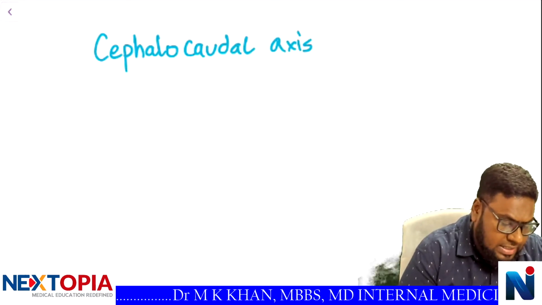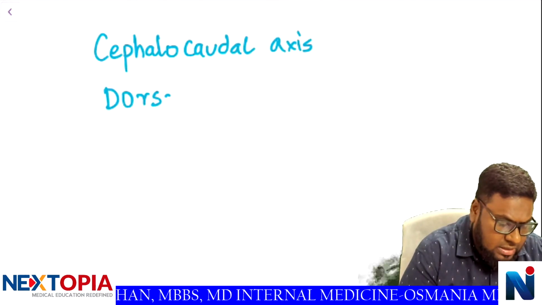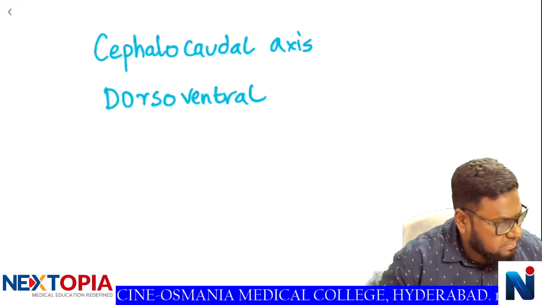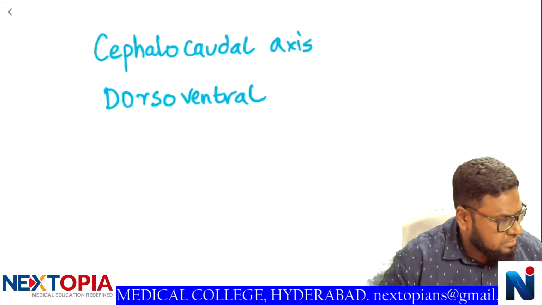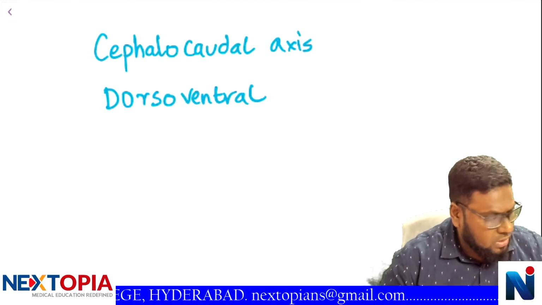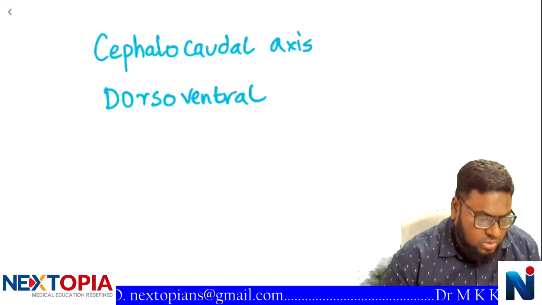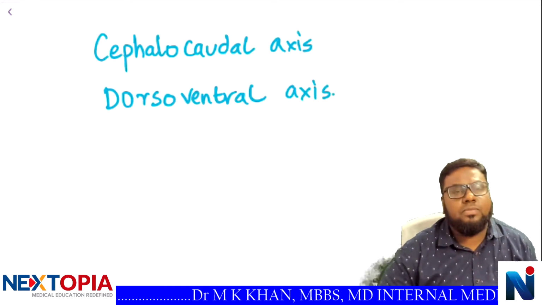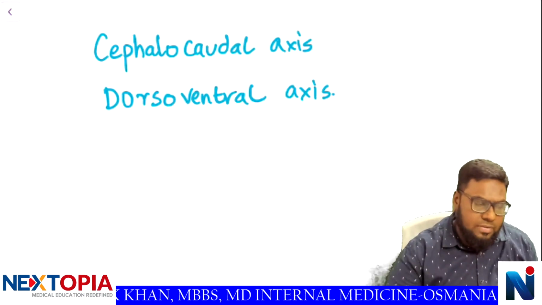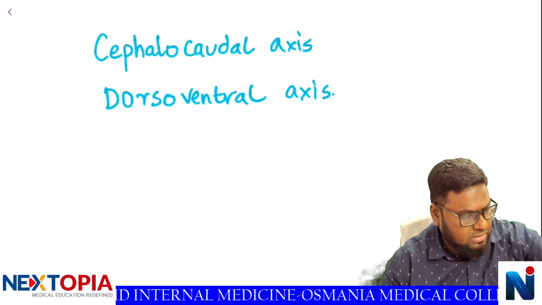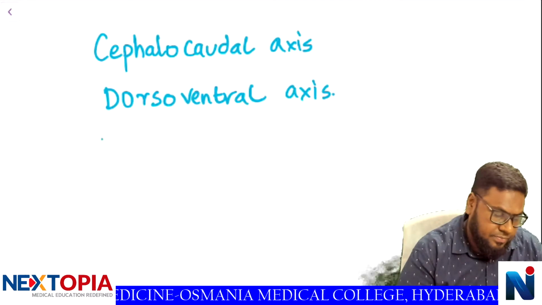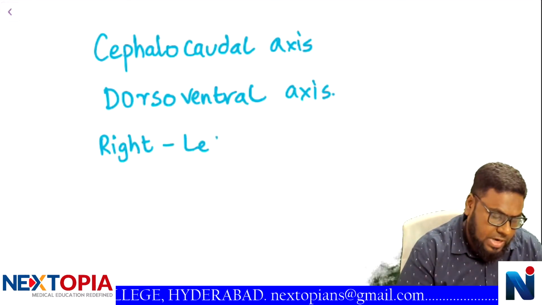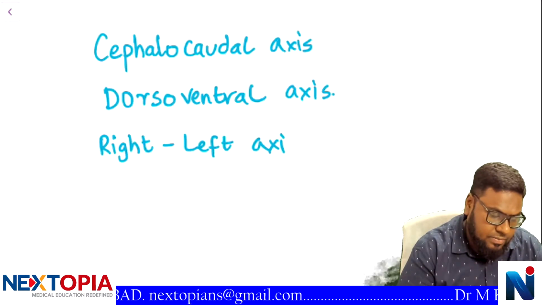Another axis is the dorsoventral axis, from dorsal area to ventral area. And you can also divide it into a right to left axis.